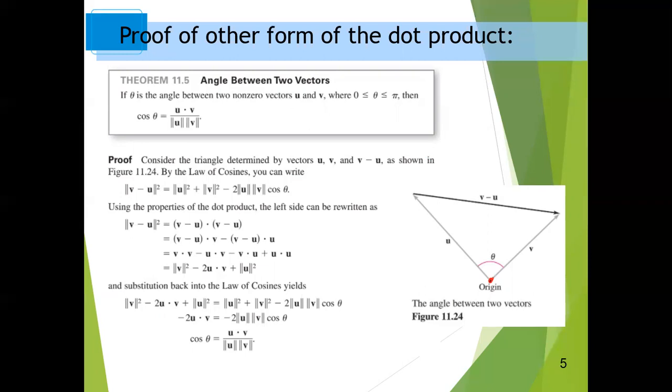If theta is the angle between two non-zero vectors, u and v, and by the way, you realize that the angle between two vectors is never more than 180 degrees, correct? Because think about it. You might say, well, let the angle just get wider between them.